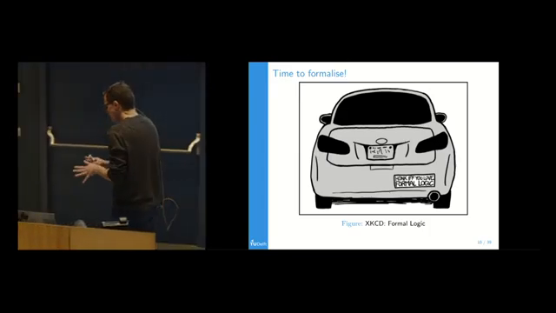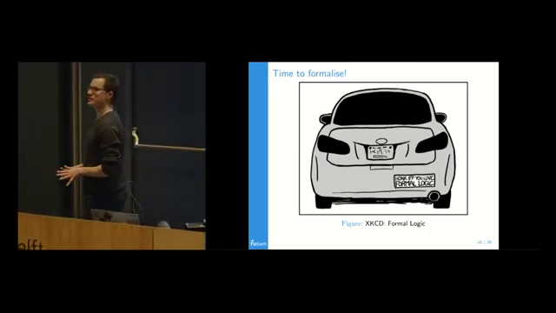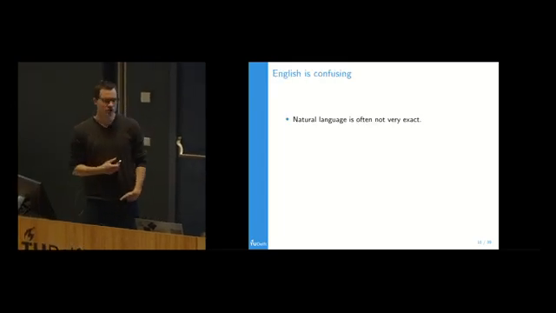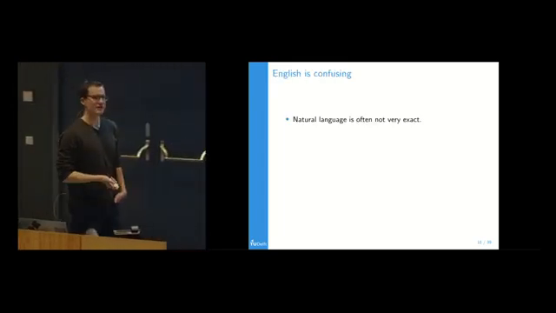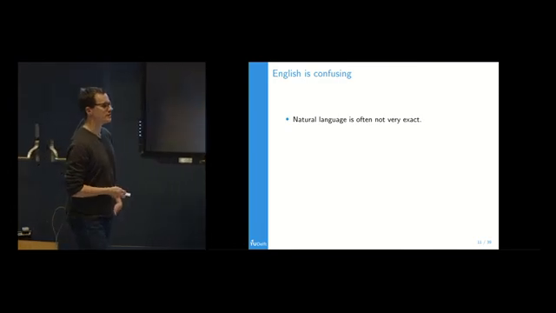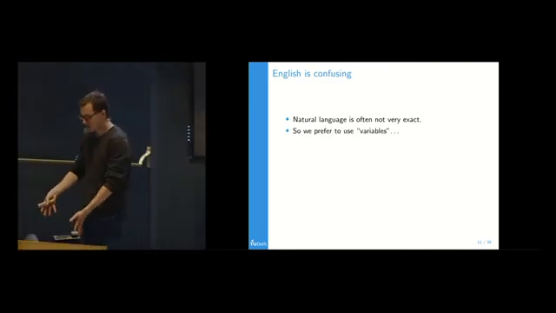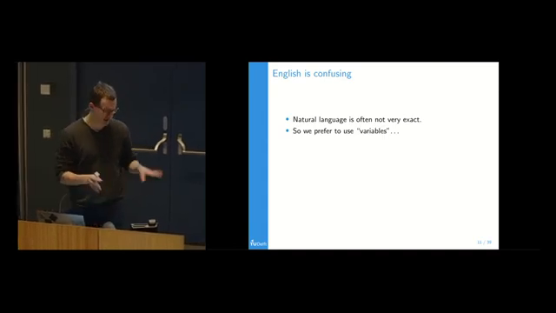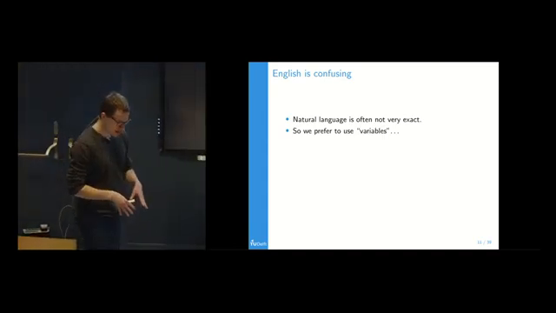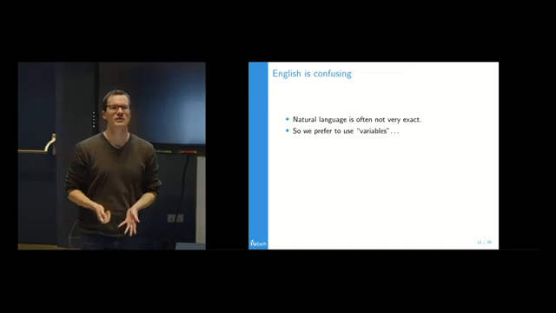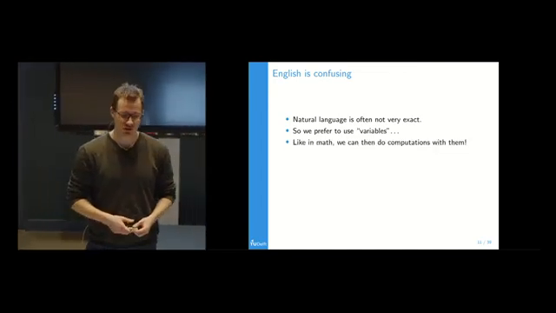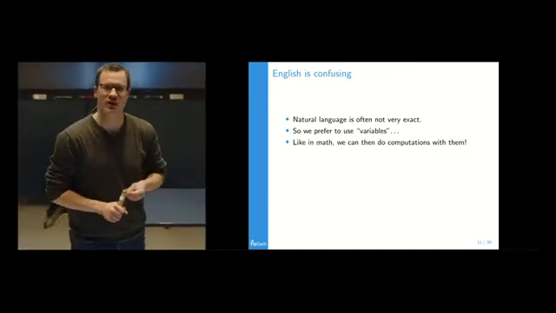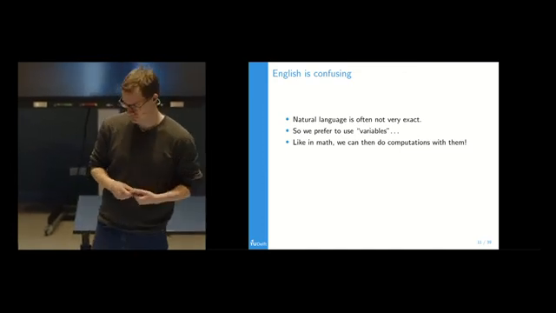But the problem with any natural language is that it's very easy to be very vague, very ambiguous. And my machine can't handle that at all. So I would much rather get rid of the English and talk about variables, like in mathematics, so that I can actually do computations with these things.